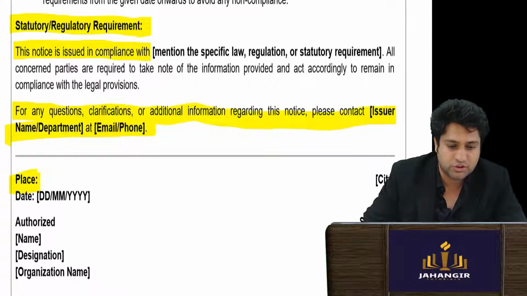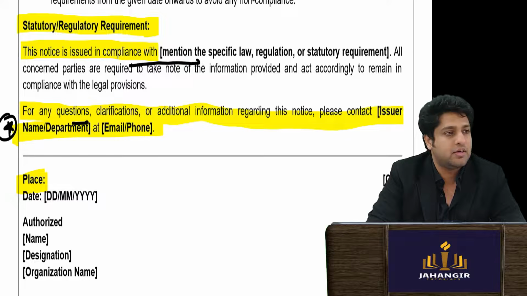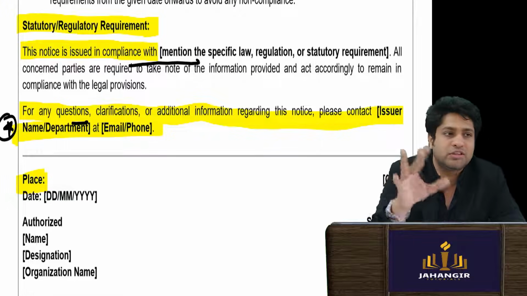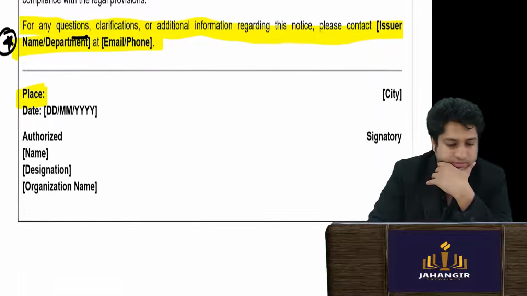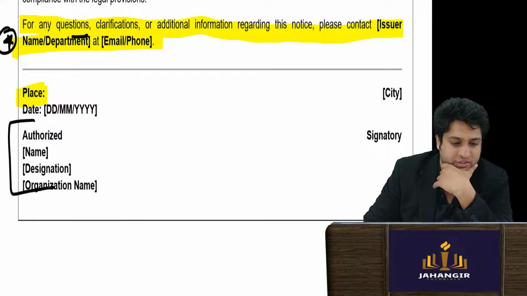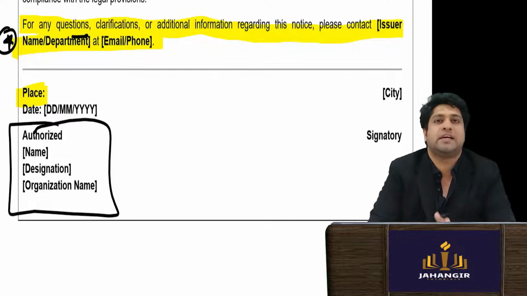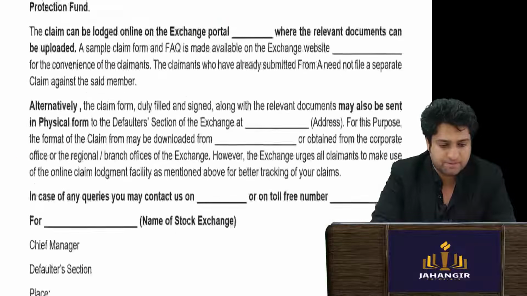The notice is issued in compliance with so and so law. For any queries, this is always what you can write, so write it very well: for any questions, clarification, additional information regarding this notice, please contact so and so department, phone number, then your designation, who is doing it, and the organization, and sign. Clear till here? So this is a public notice.